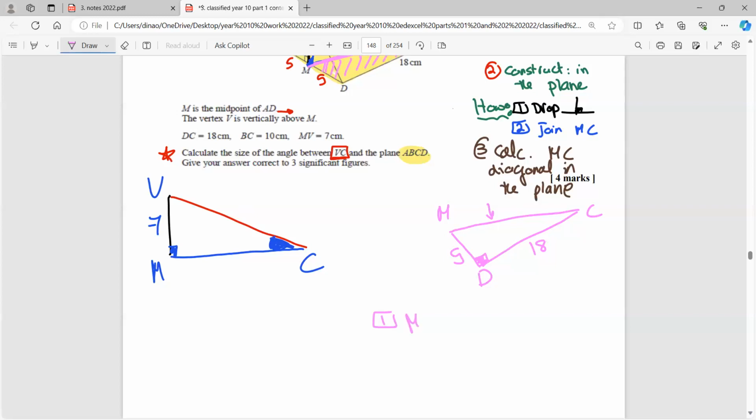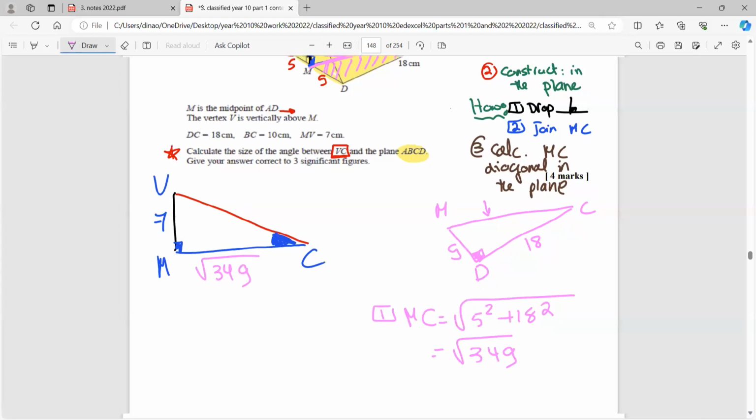So the first step in your working out after your construction is 5 squared plus 18 squared. And then you will get the answer of the diagonal. 5 squared plus 18 squared. Okay? The answer will be root 349. This is the length of MC, which is the diagonal.